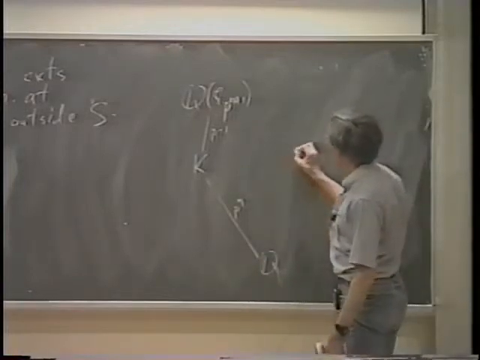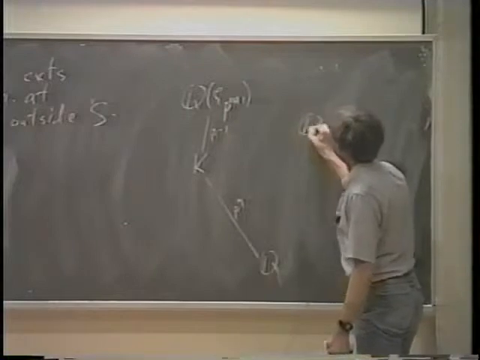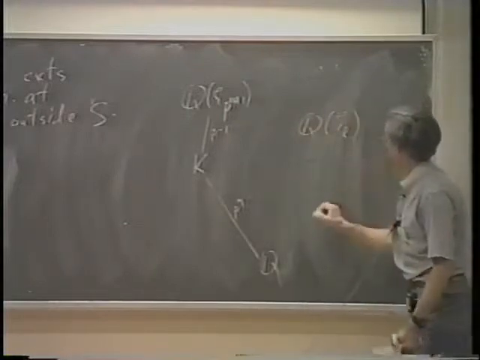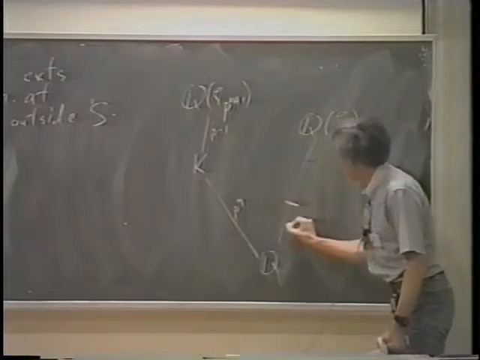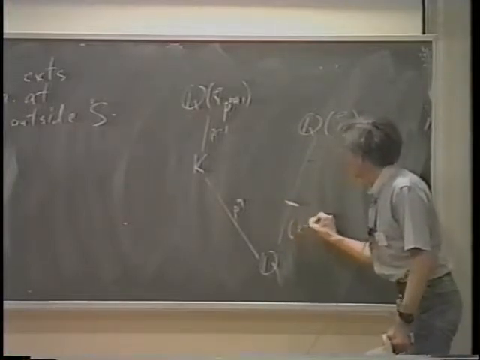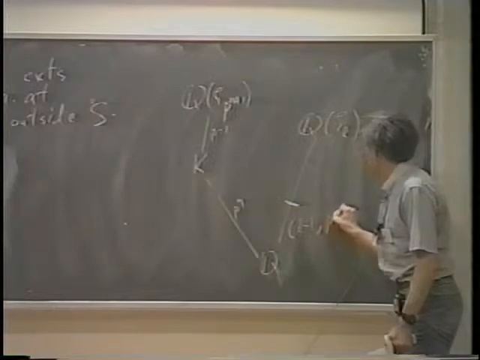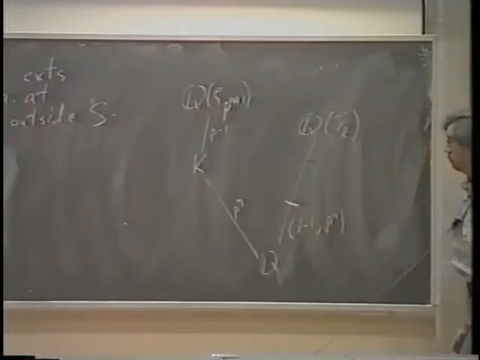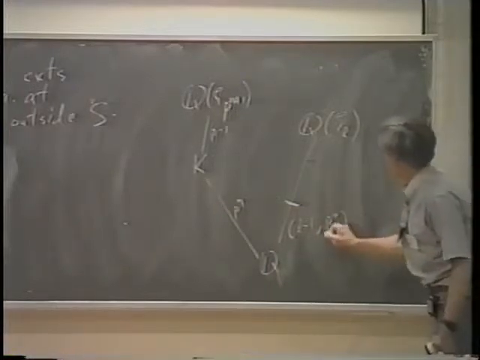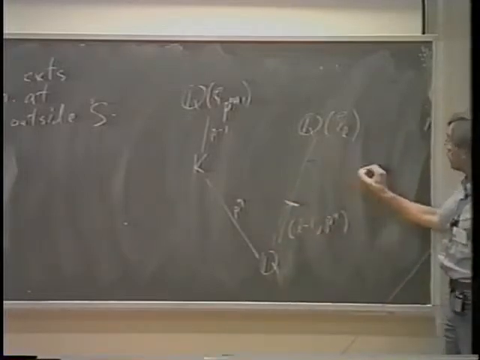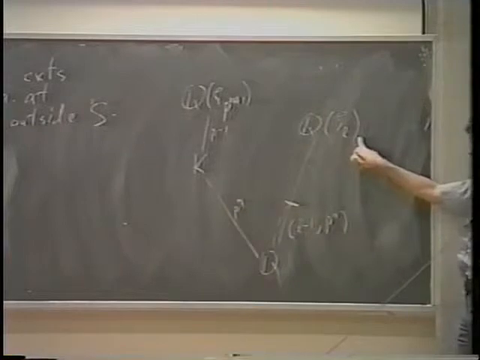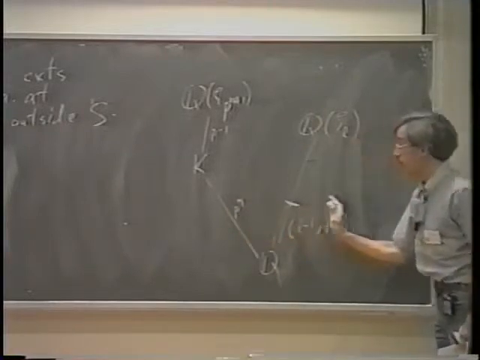You also take any prime L, and I can take Q(zeta_L). And somewhere in here, I have an extension of degree GCD of L minus 1 and p to the n. Okay. Well, I have all the primes in S I can do this with. All these extensions are disjoint.